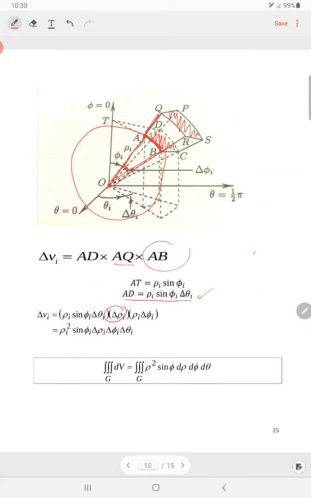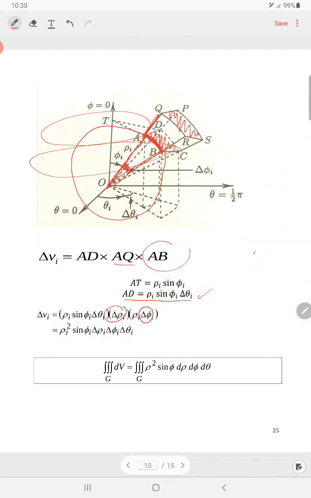Remember, here we have one cone and here we have another cone. So that bit there is the difference between the two cones, which is equal to delta phi i, and the radius here is rho. Remember, it's the circumference of a circle, so the angle is delta phi i and the radius is rho.